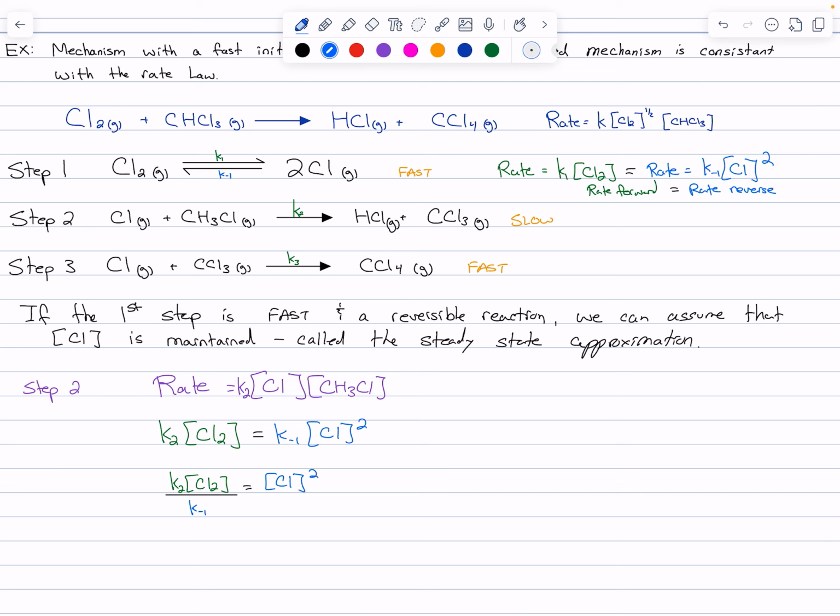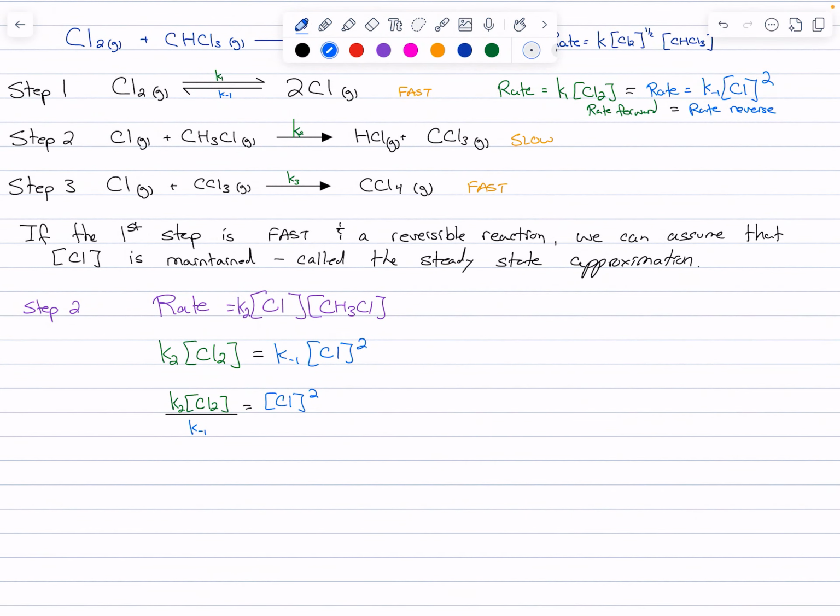Now I have to get rid of the square. The concentration of Cl would equal the square root of K1 times the concentration of Cl2 all over K negative 1.